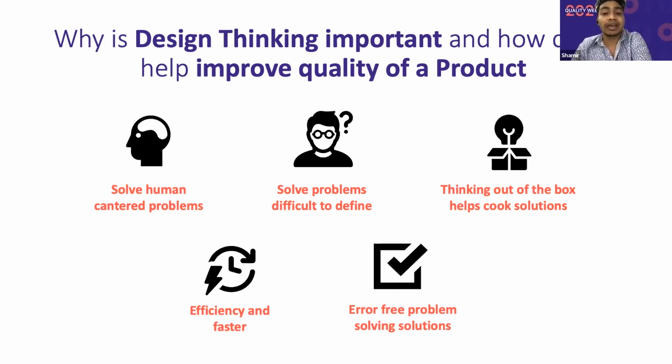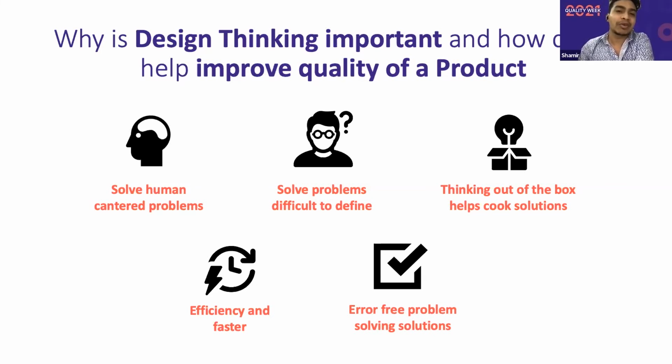Next up, we have an error-free problem-solving solution. What this means is that with a process such as this, there will be very minimal or otherwise no errors found to put the product quality down. Because when you go through this process, you prototype the solution and you test it. While you're testing, you think, okay, we forgot one major solution for this problem.